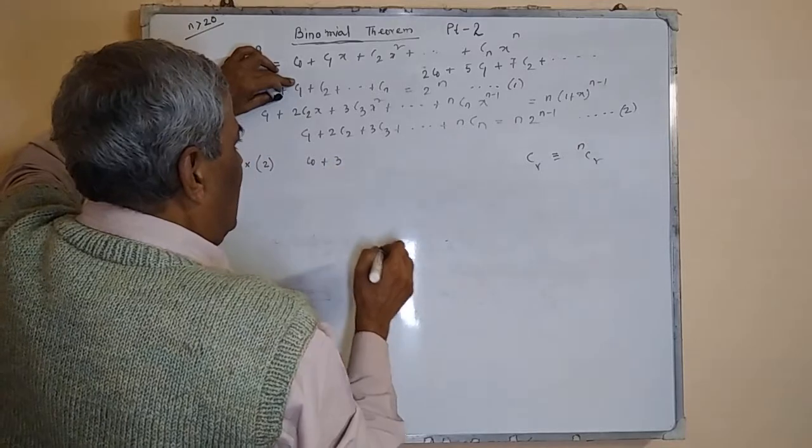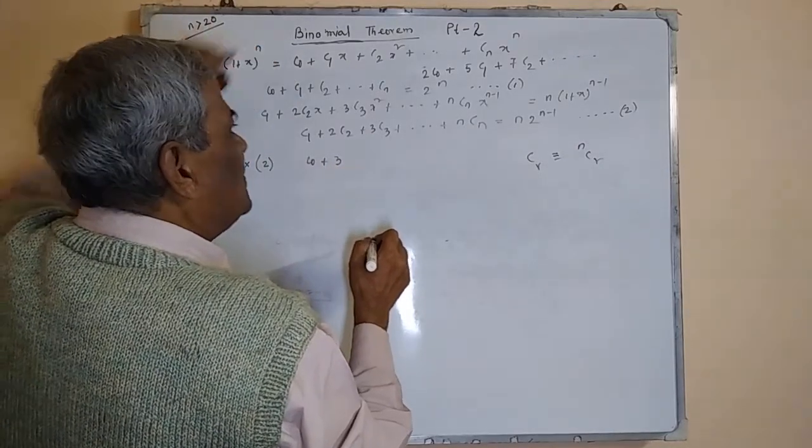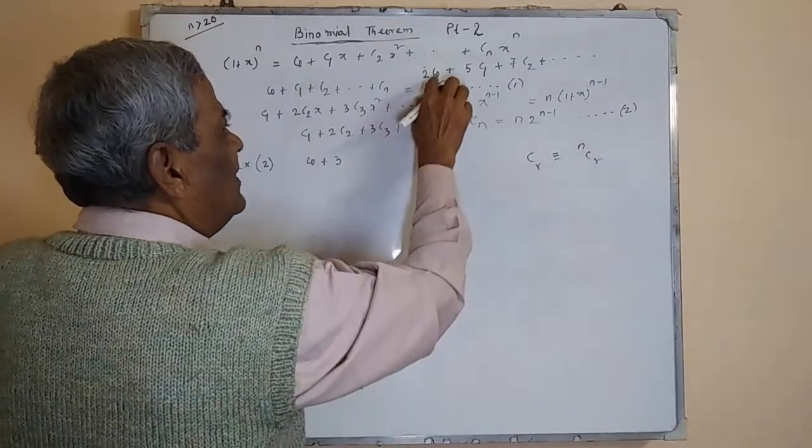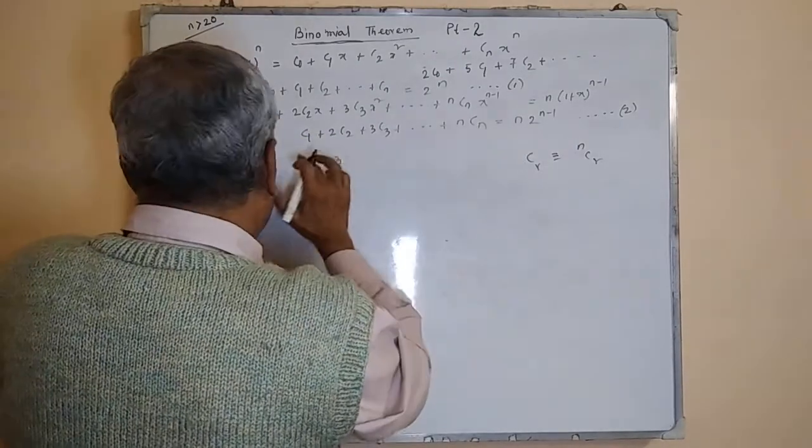The result is not that. Now multiply this by 2.